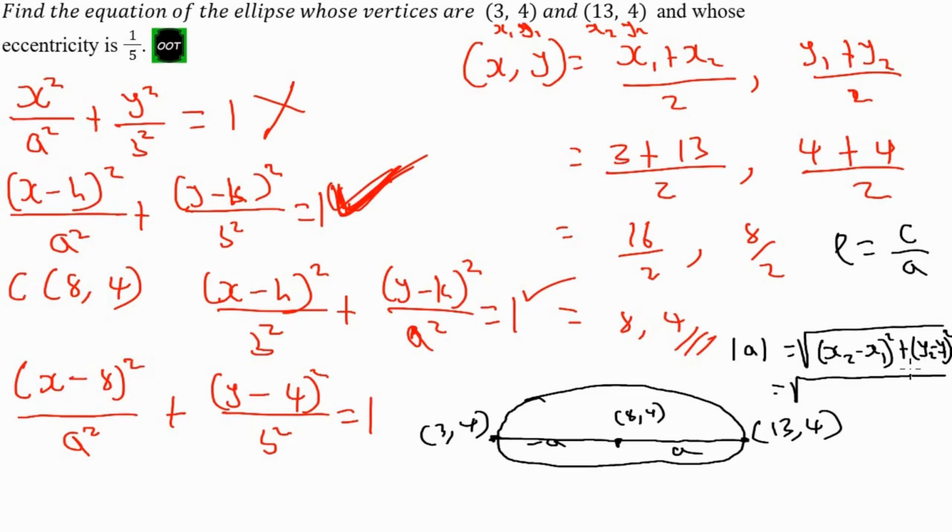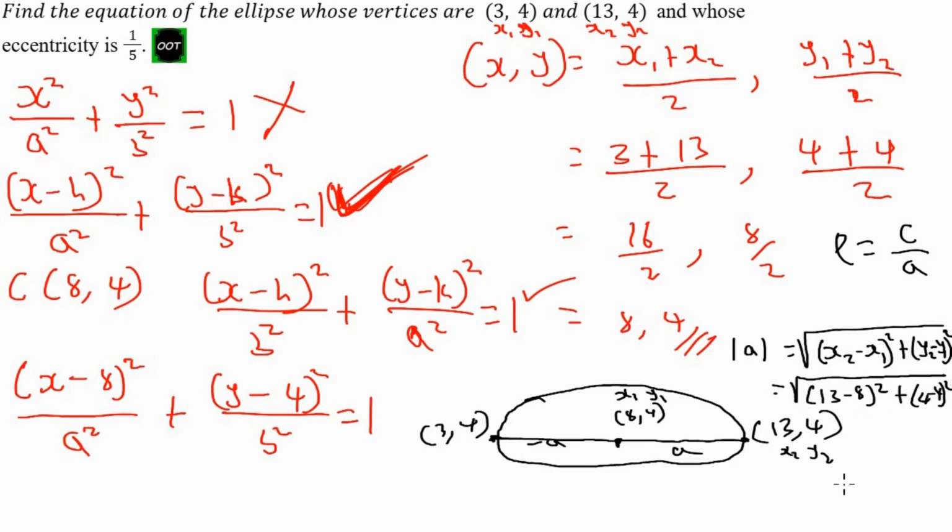Square root of x2, this can be x1, x2, this can be y1, I made a mistake. x1, y1, x2, y2. So that's going to be x2 is 13 minus 8 all squared, then plus y2 is 4 minus 4 all squared.